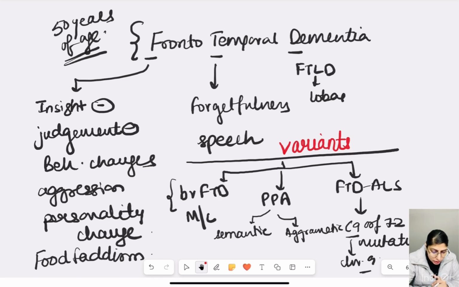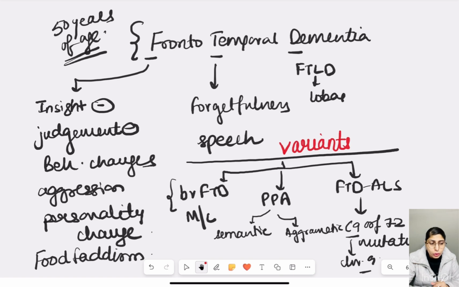Then, if we talk about semantic, now semantics means concepts. They will forget that the sky is blue, right? When the word sky comes to my mind, blue automatically comes to my mind. I have a picture in my mind that the sky is blue, or the water is transparent, or water is tasteless. So these are concepts that are gone.